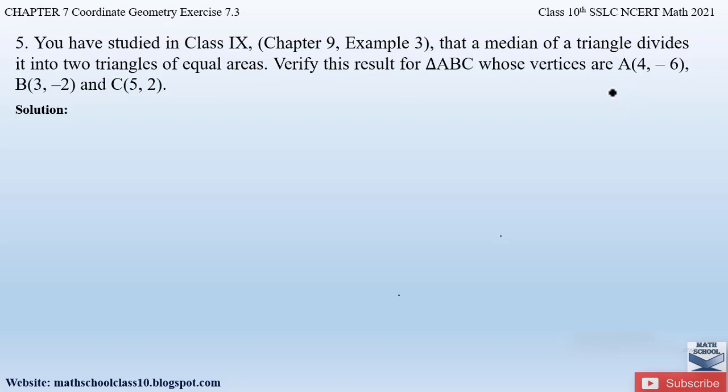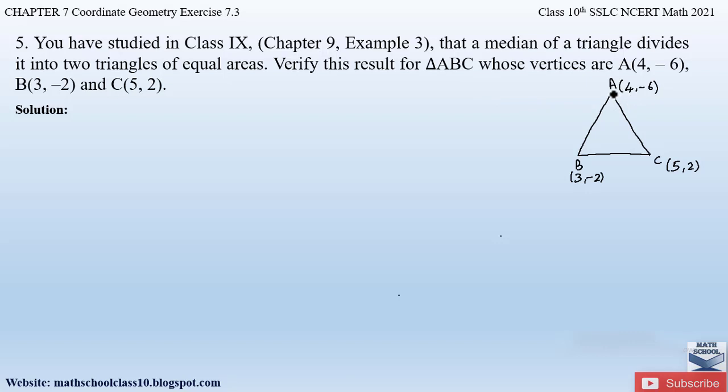when we have a triangle ABC whose vertices are (4, -6), (3, -2) and (5, 2), the median of a triangle divides it into two triangles of equal areas.